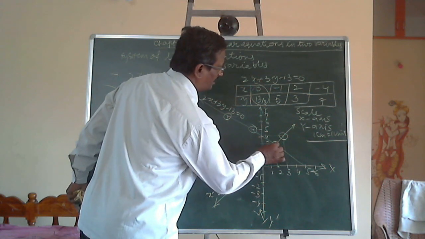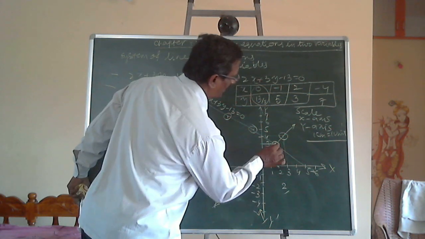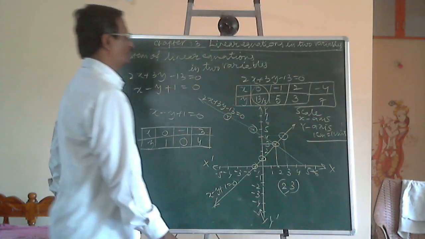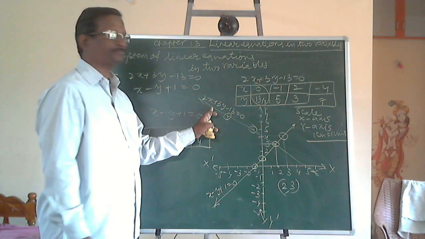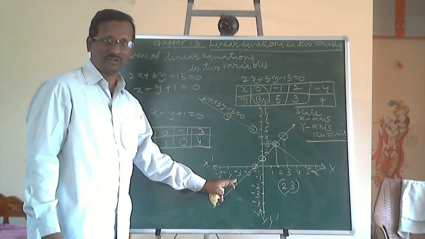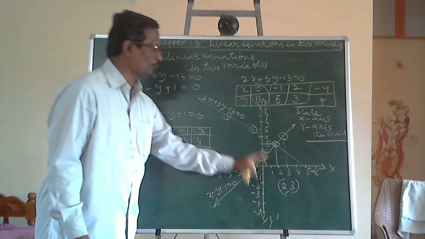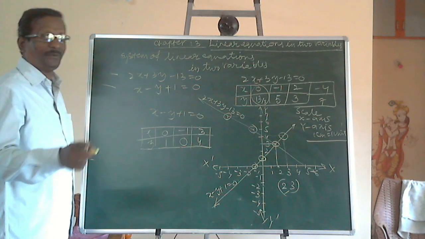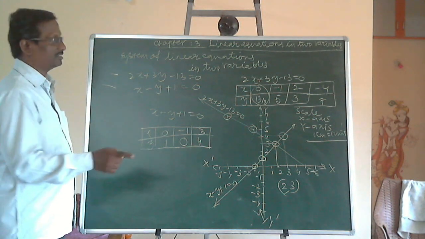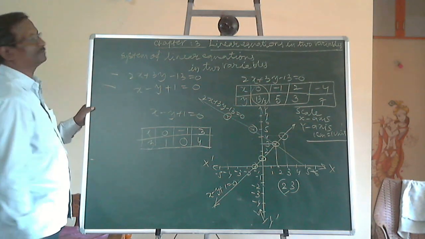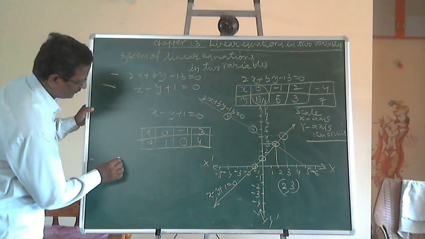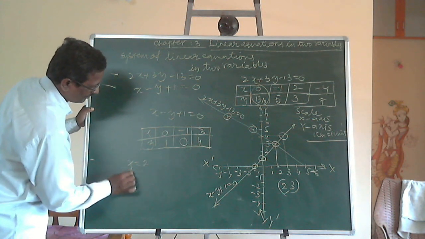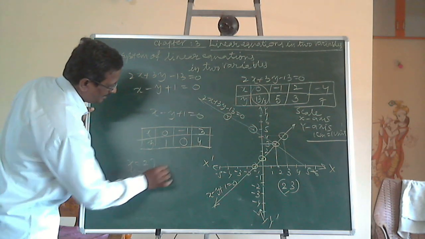The x coordinate of this common point is 2 and the y coordinate is 3. So (2, 3) is the solution of the first equation as well as the solution of the second equation. Therefore, (2, 3) is called the common solution, and from it we get the solution of the system, that is x is equal to 2, y is equal to 3.